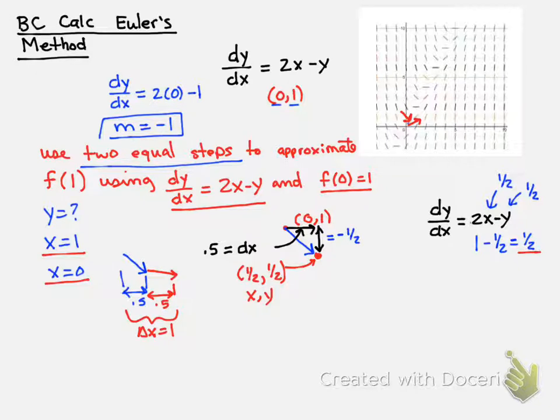So this is my slope, dy dx equals 1/2, but it also equals the change in y over the change in x. And we've said that our delta x is going to be 1/2 each time. I've got 2 steps of 1/2. So I'm going to replace this with 1/2. And now solving this equation, I'm really going to multiply both sides by 1/2. And my dy equals 1/4.